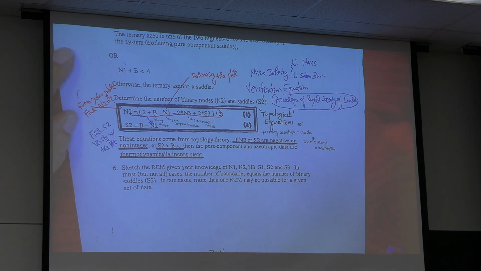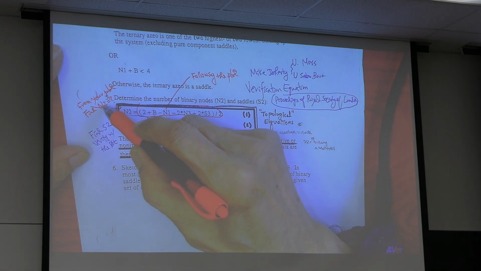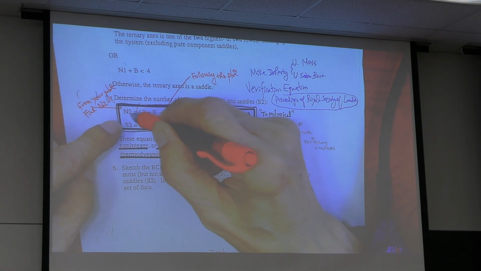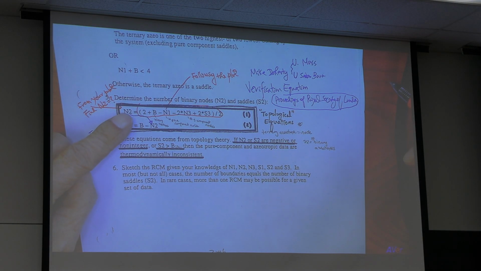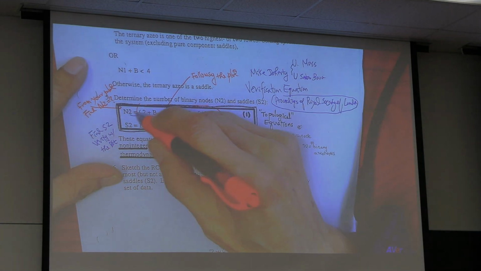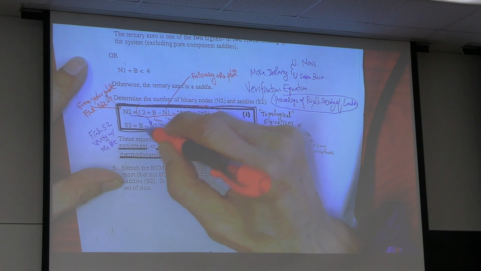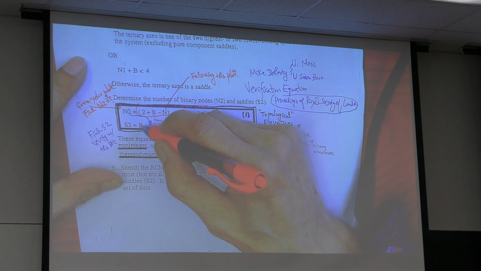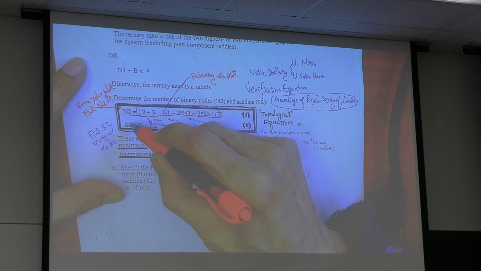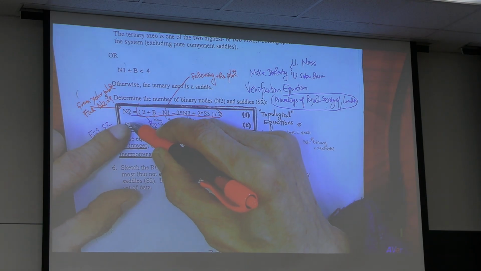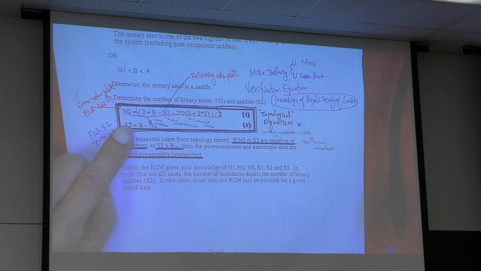Okay? Once you get N2, you verify if your equation is correct. How many N2 is it? Your calculator, plug into the second equation. Two-component node, binary azeotrope. You calculate if S2, two-component saddle, is the same as this equation.